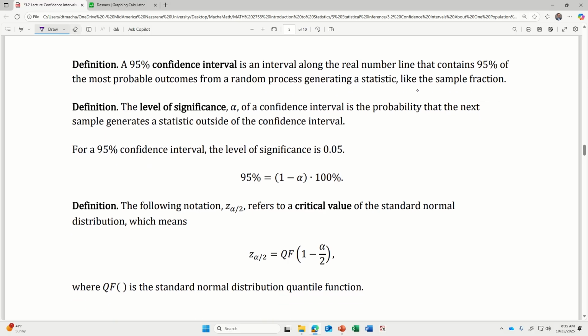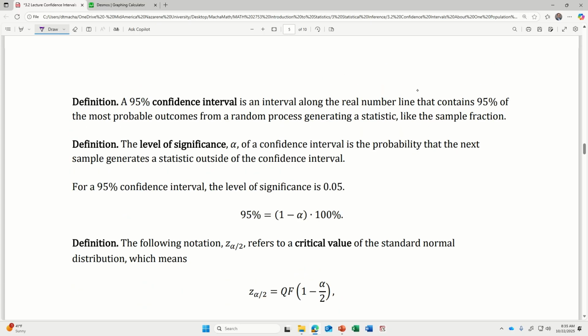So now we're moving on to confidence intervals. A 95% confidence interval, you've probably heard the words confidence interval before. I heard them a few times, maybe before I took statistics, but if we read this definition, it's an interval along the real number line that contains 95% of the most probable outcomes from a random process that generates a statistic like the sample fraction.